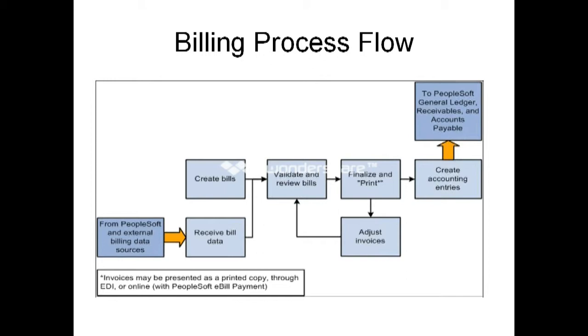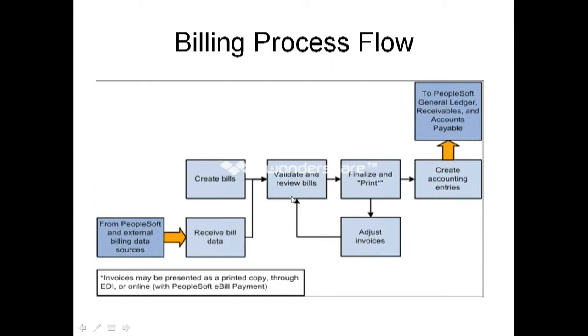So these are the sources from which we get data into the billing application. Once we receive the data from an external source, the next step is to create the bills. How do you create the bills? You review the interface data through the interface review page, verify that the data is correct if you are doing it manually, and then run the interface process that will validate and create a temporary bill.